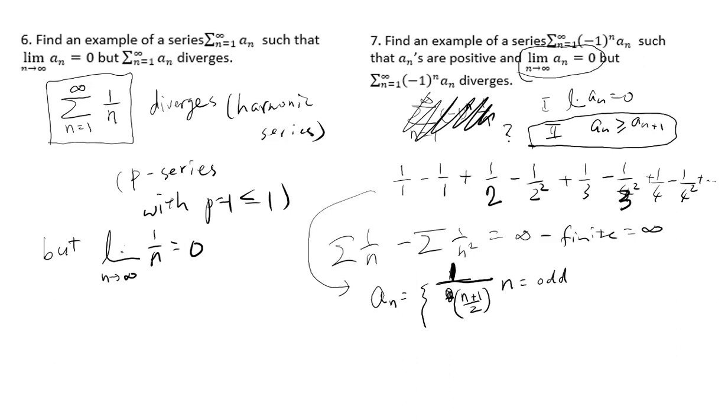So when n is 1, it will be (1+1)/2, which is 1, so you're going to get 1 over 1. If n is even, then we will write 1 over (n/2) squared. So when n is odd, you get 1 over n, and when n is even, you get 1 over n squared. You can see that if you try n equals 1, 2, 3, 4, 5, and check it against this series here, that actually does work.